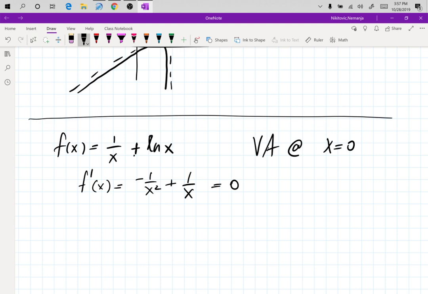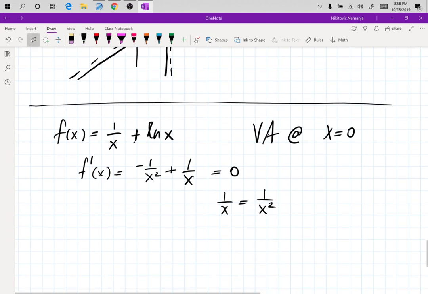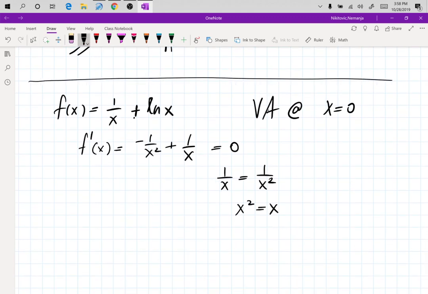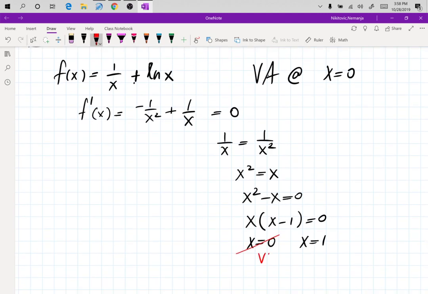So it will be faster if we just write 1 over x is equal to 1 over x squared. And when you cross multiply, you get x squared equals x. And now, x squared minus x is equal to 0. And you have x times x minus 1. x equals 0, x equals 1. And we know we need to throw this one in the garbage because of the vertical asymptote, right?